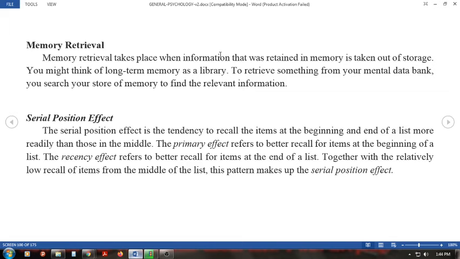We have the serial position effect. According to serial position effect, you most likely recall the things that are at the beginning and end of a list more readily than those in the middle.